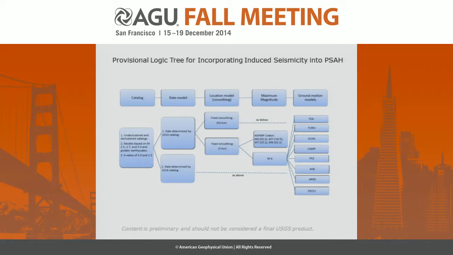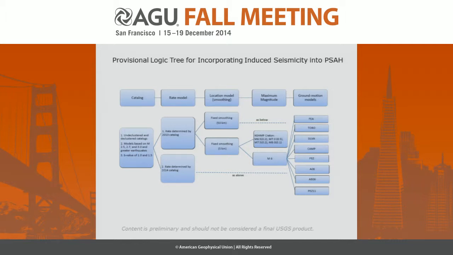So to get at these questions, we have put together a draft logic tree. And this is where we try to expand what we know to cover the epistemic uncertainty in our knowledge and provide independent ways of working through the decisions that must be made to develop a hazard model. The model is currently divided into these elements, a catalog of which there are choices between clustered and undeclustered catalogs and rate models that are based upon different cutoffs and b-value assumptions.